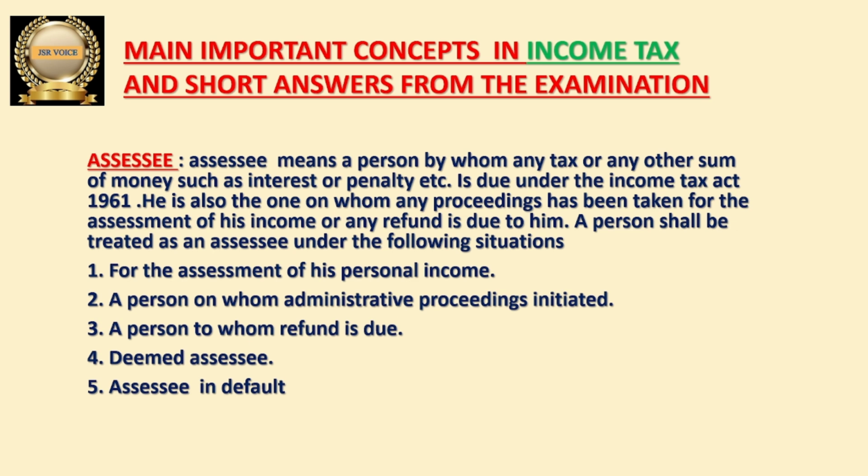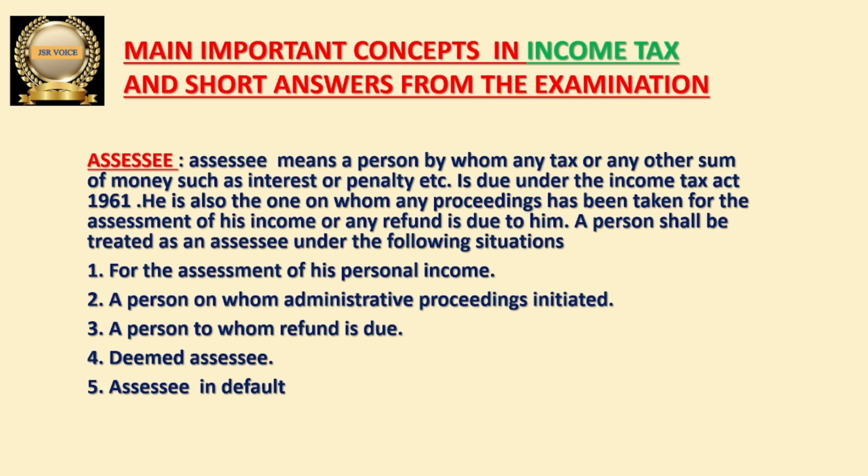First one is for the assessment of his personal income. If one person has to pay tax or is liable to pay tax on his income that he earned during the previous year period, then we can call that person an assessee. And next one is a person on whom administrative proceedings are initiated.